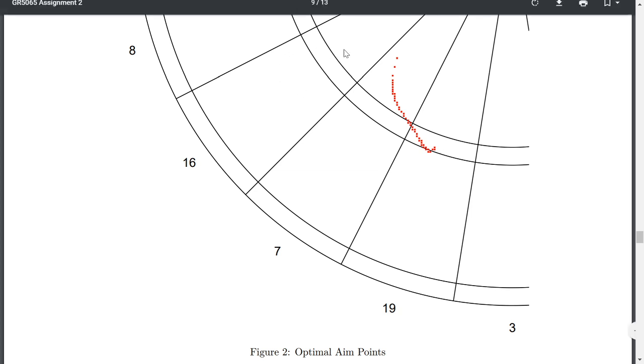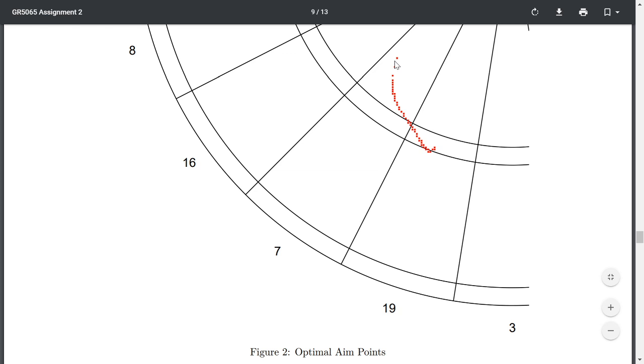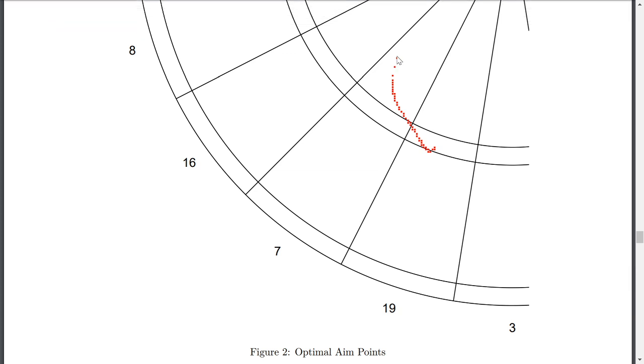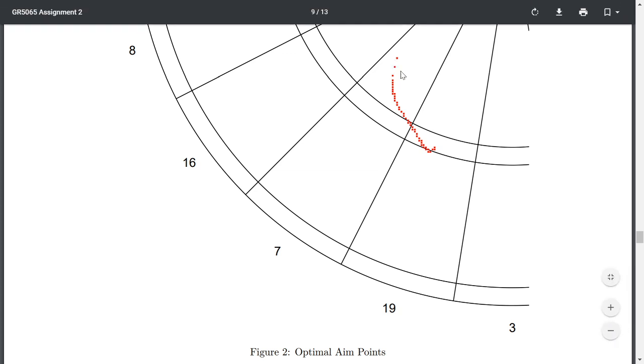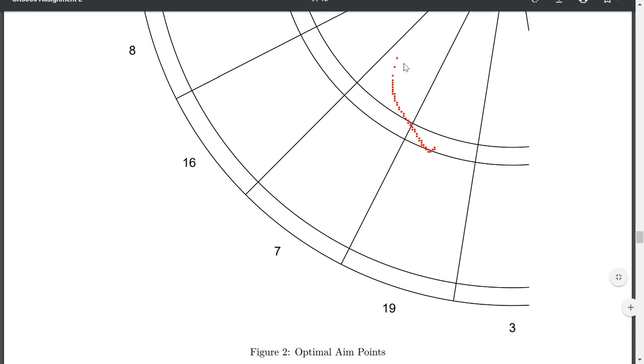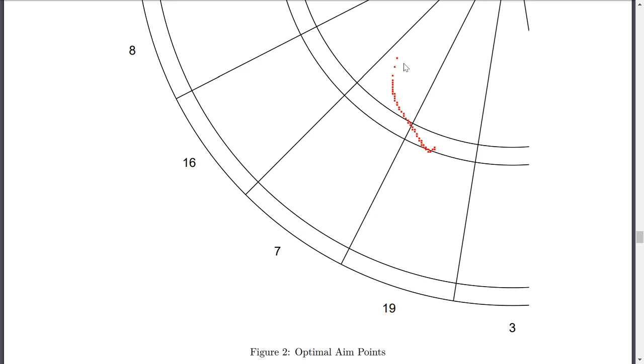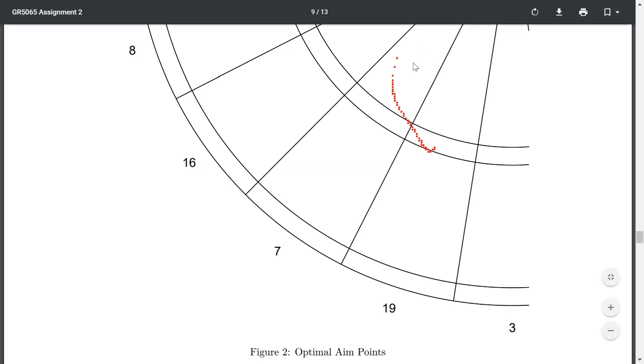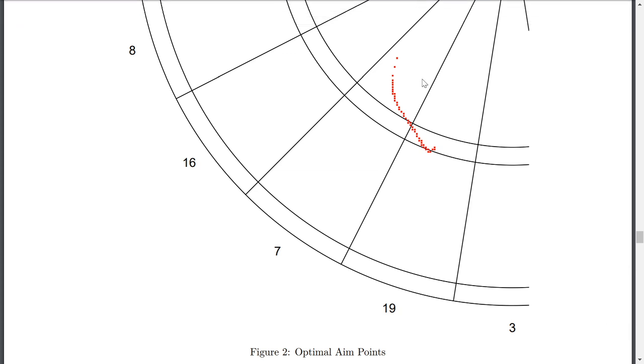But if you're at the high, the bad end of your posterior distribution of sigma, then it's telling you the best place to aim is kind of in the middle of the 7 wedge, because you're so bad at darts that if you aim in the middle of the 7 wedge, you'll often land in the 16 or the 19. You're not going to land in the 7 that much if your sigma was pretty high.